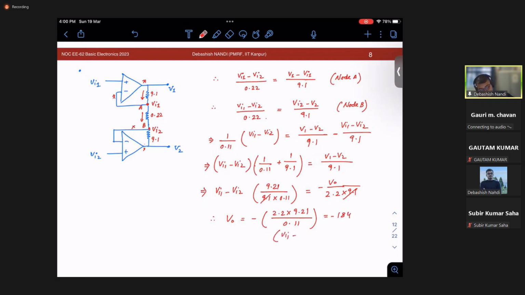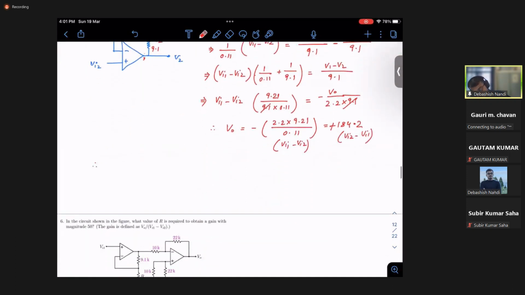Okay. So what you are finding is that the gain is 184.2. The input is said to be 10 millivolt peak to peak.